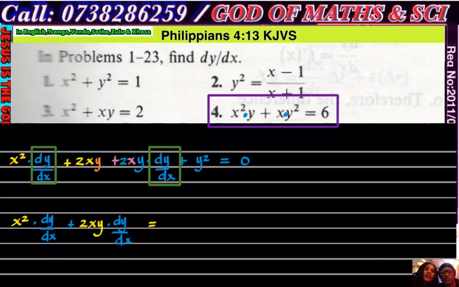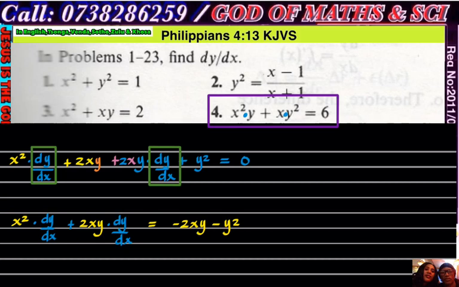So I would have minus 2xy, can you see that? And then minus the y squared. There we go.